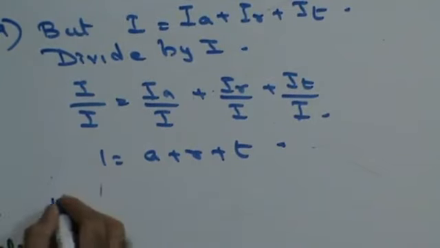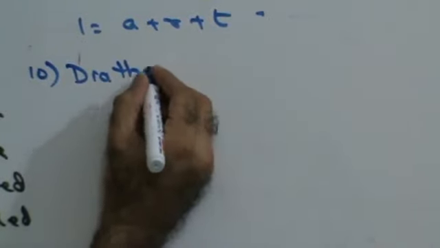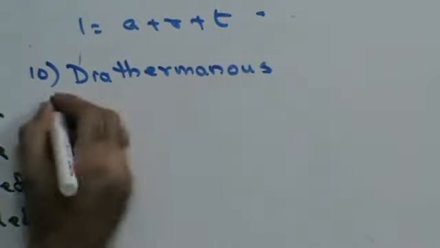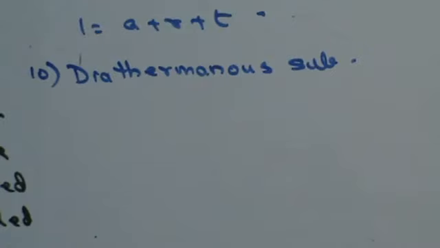Next, what do we understand by a diathermanous substance? Please write down: derive a plus r plus t is equal to 1.